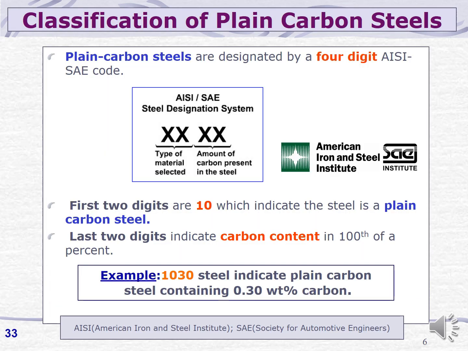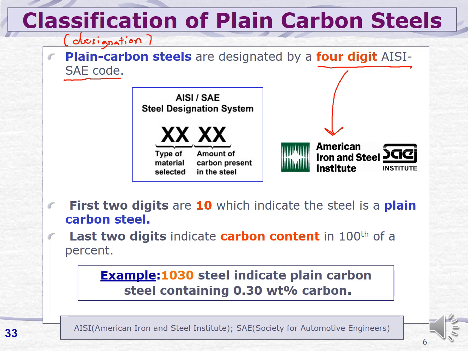Okay, this is about the classification of plain carbon steel, or we also call it the designation. The designation of the plain carbon steel. This classification or designation is by a 4-digit AISI SAE code, referring to the American Iron and Steel Institute and the SAE Institute.